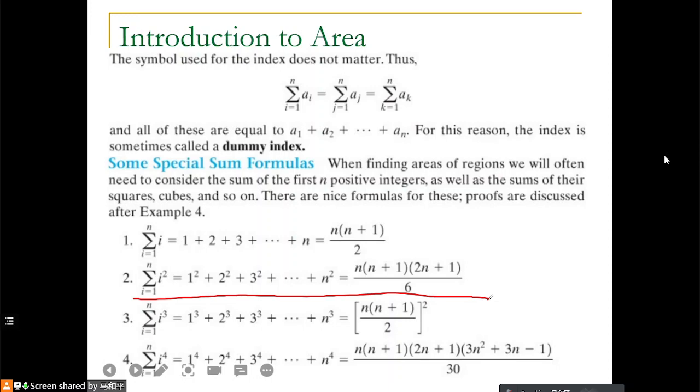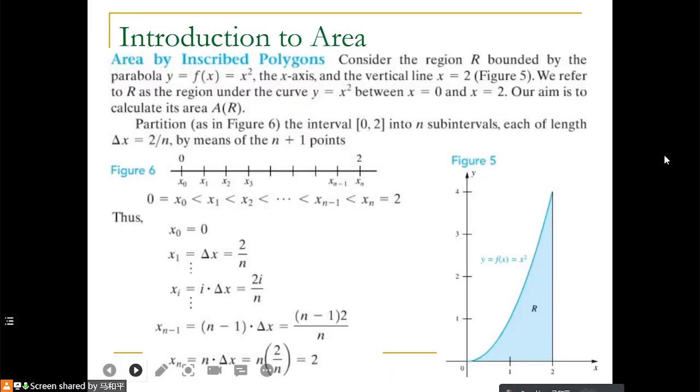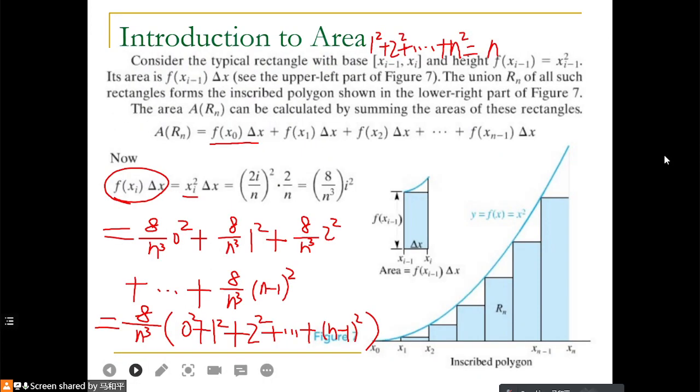N times n plus 1 times 2n plus 1 over 6, right? Over 6. But here this 1 square plus 2 square plus up to n minus 1 square.